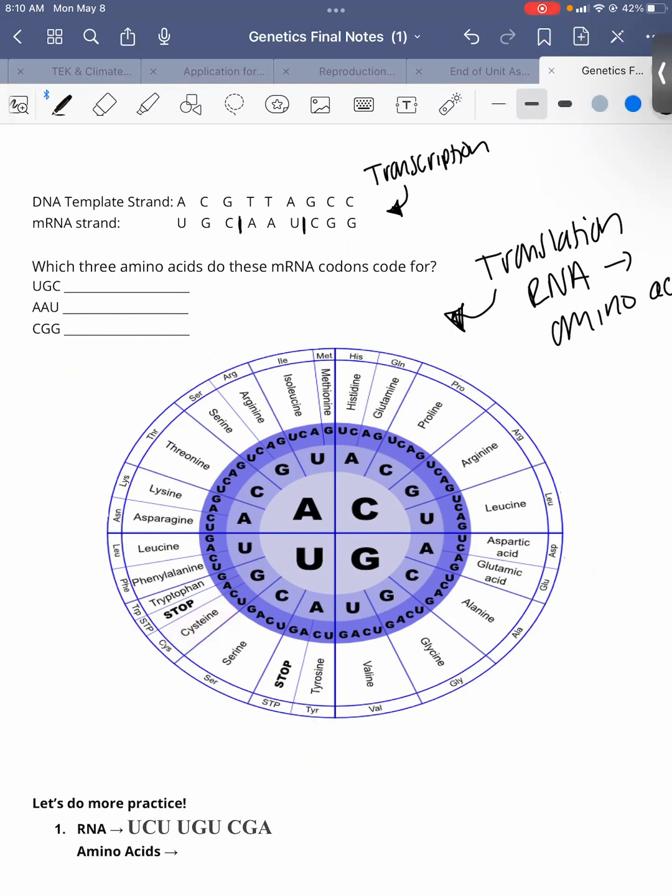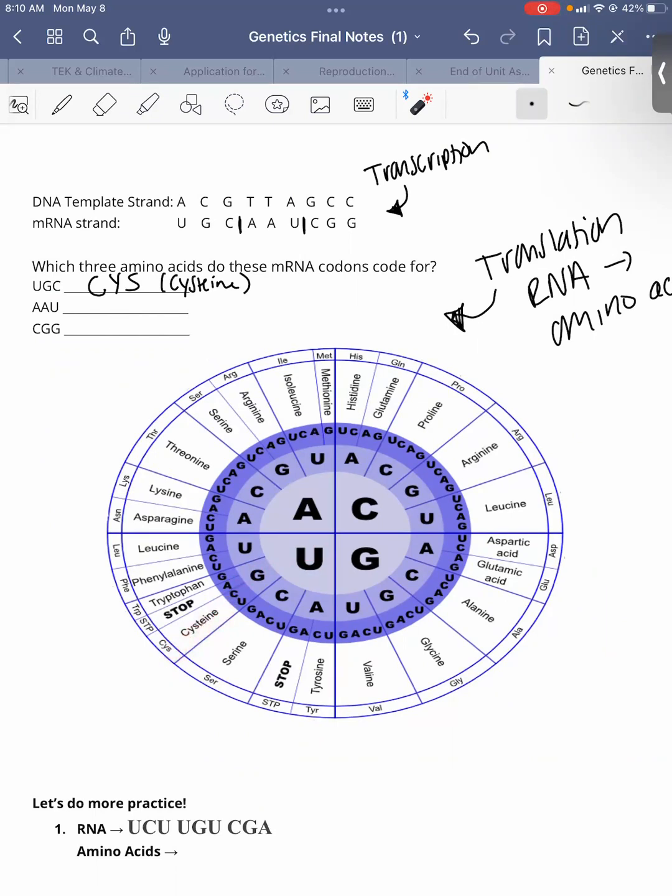So we're going to put CYS, and we're going to put the full name in parentheses, because usually we abbreviate it. So how did I know that was the abbreviation? I just looked right here. Once again, all I did was start in U, G, C, and it falls in the cysteine category.